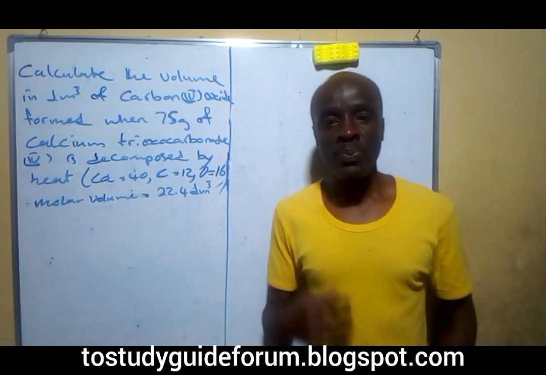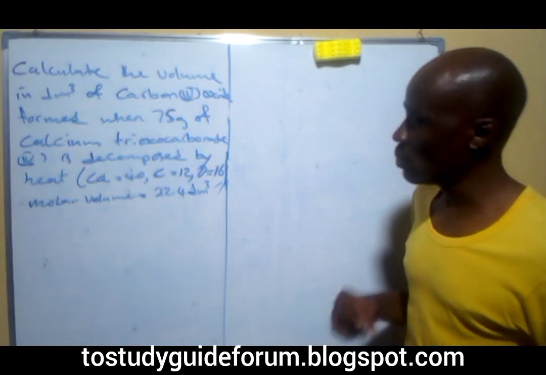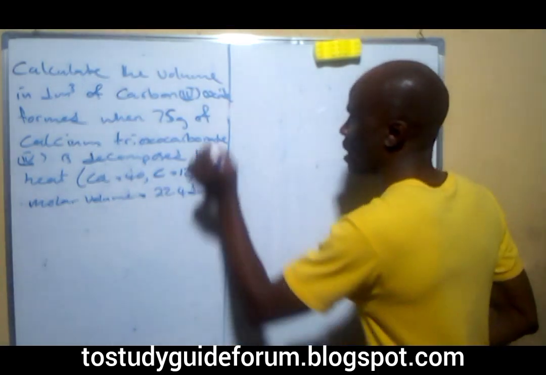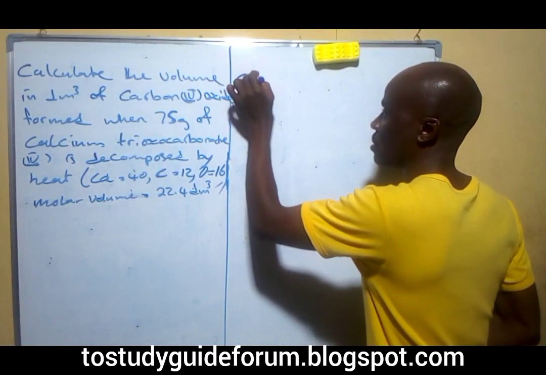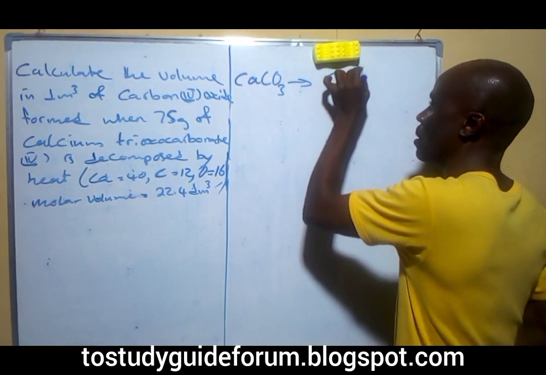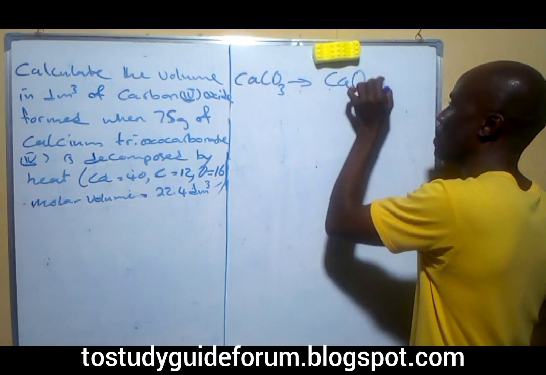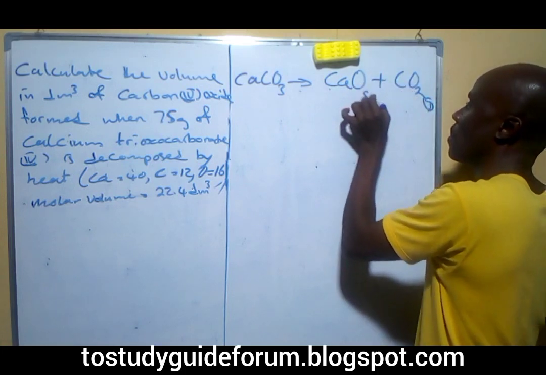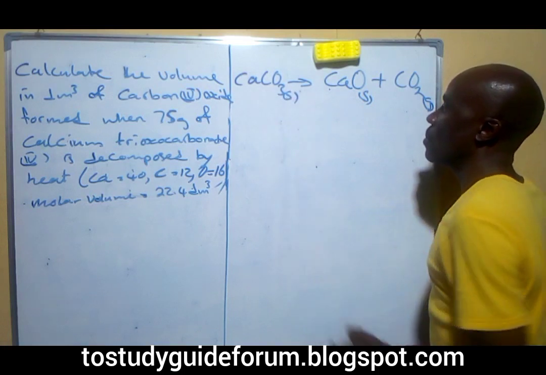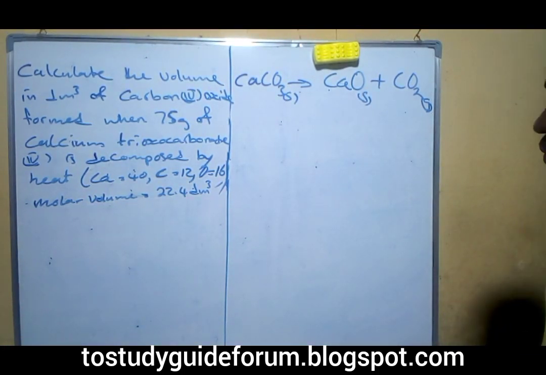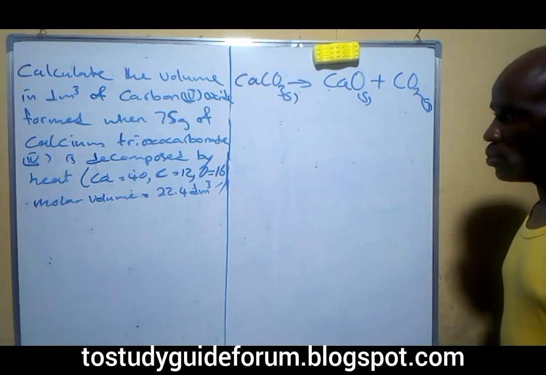So in this question, the first thing we do is to get a balanced chemical equation. The balanced chemical equation of this is... This balanced chemical equation will give you a picture of everything you are expected to do.